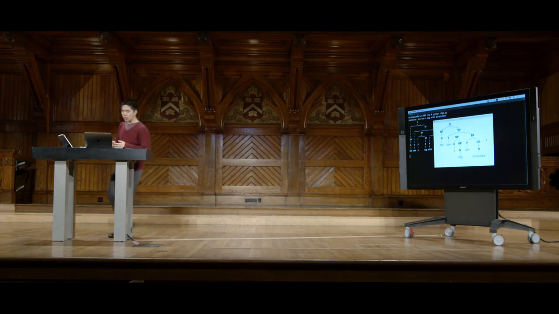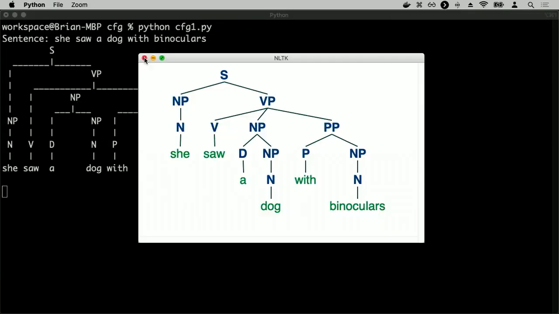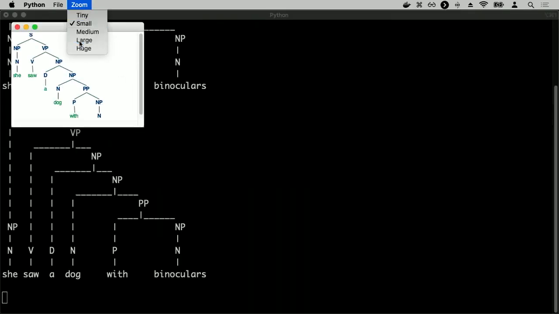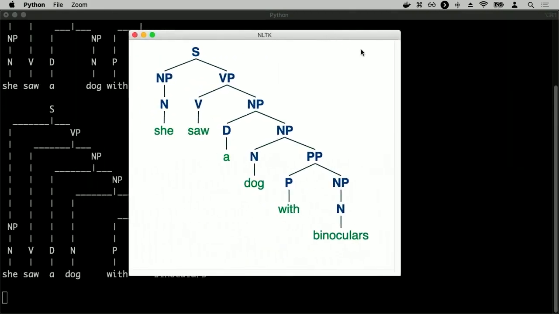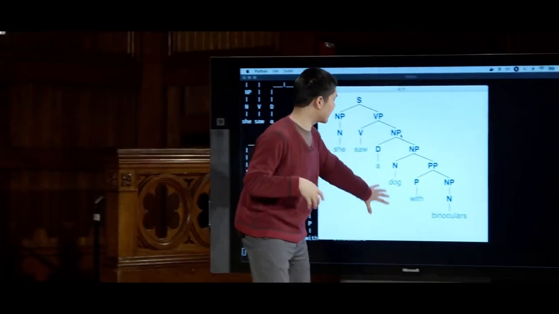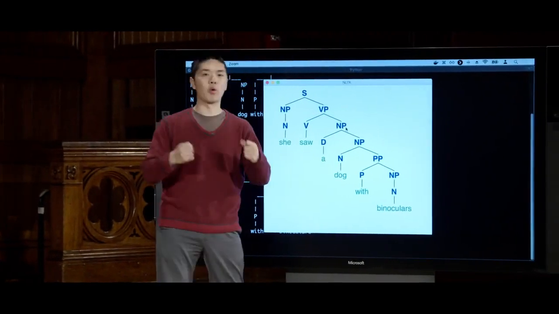But another possible way to parse that sentence would be with this tree over here, where you have something like, she saw a dog with binoculars, where "a dog with binoculars" forms an entire noun phrase of its own. Same words in the same order, but a different grammatical structure, where now we have "a dog with binoculars" all inside of this noun phrase, meaning what did she see?